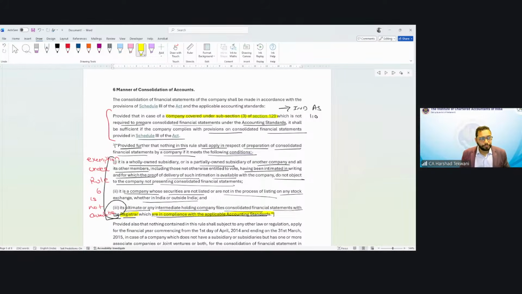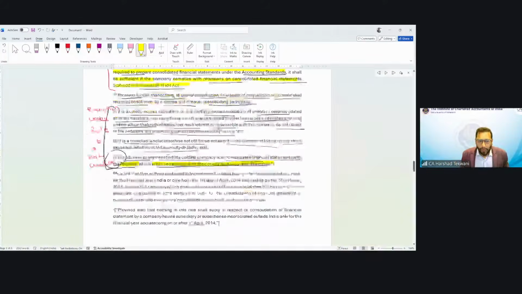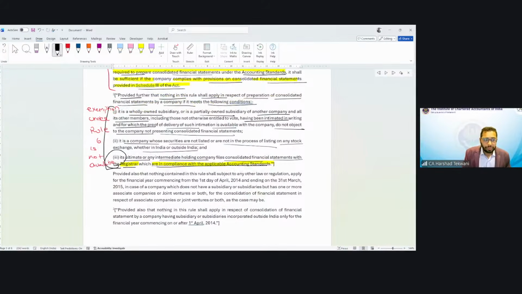Now, which is not required to prepare CFS under the accounting standards. Talking about a company having a subsidiary which is not required to prepare the CFS under AS or Ind AS, in this particular scenario it shall be sufficient if the company complies with the provisions of CFS provided in Schedule 3. I'm not going into these conditions now.